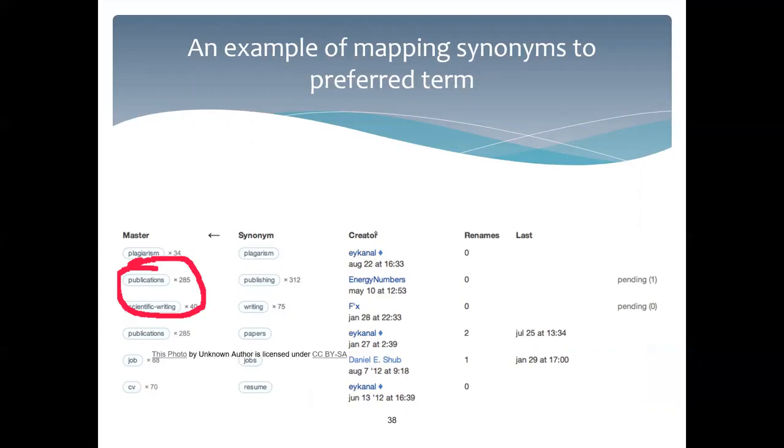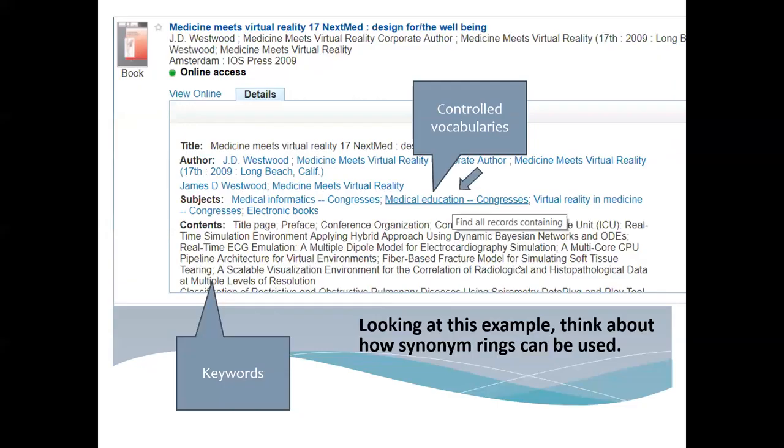And we are going to say that if you are using publishing, you should see the term publications. Same thing, if you see the term papers, you're going to look for publications. So we could refer our students back to those particular resources that have the controlled vocabulary on the website, if we're doing the website, for those particular resources.